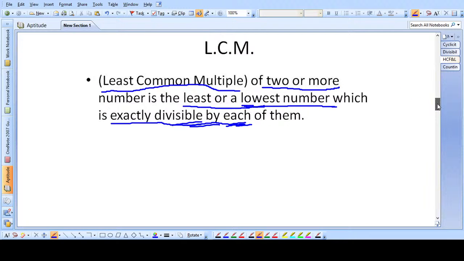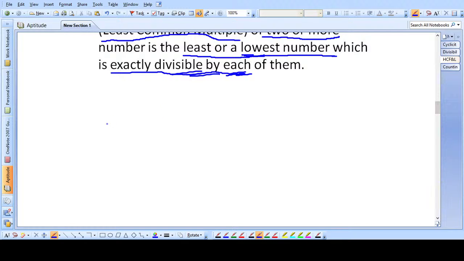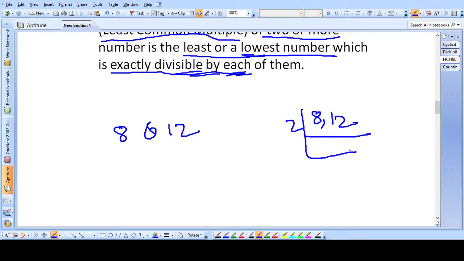Okay, so let's take one example. I will take a simple example here also, 8 and 12. I prefer this ladder method, as I call it. Let's start. 2 times this is 4, and this is 6. 2 times this is 2, and this is 3. Very simple.